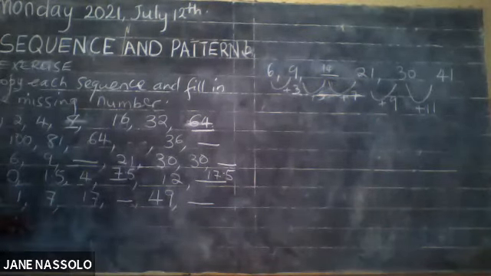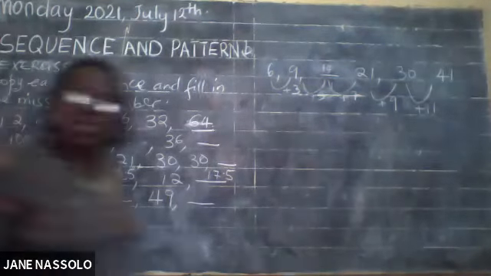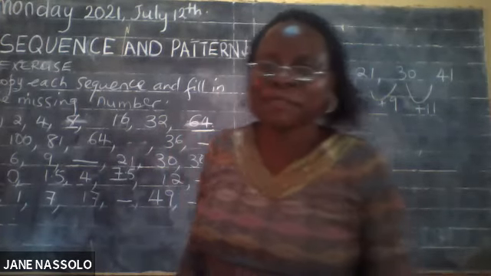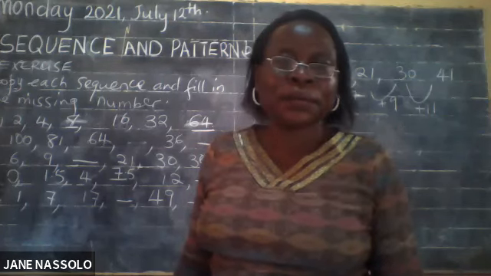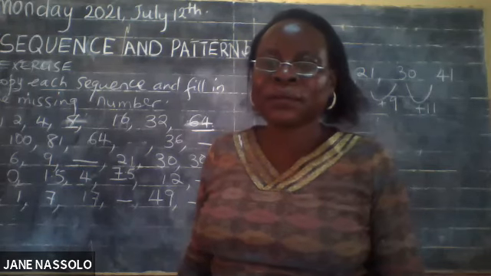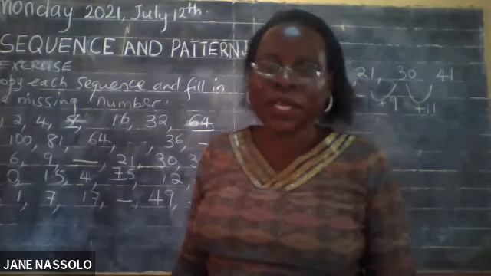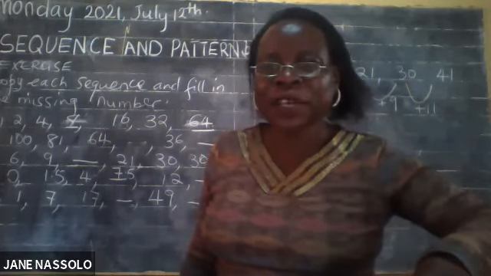Then part E. Part E, can we get the missing numbers? Atara, Anna? If not there, Favor? But we requested that you write both names when you are joining so that we can easily identify you.